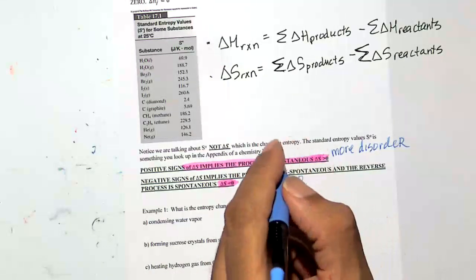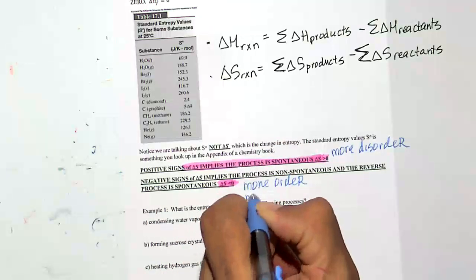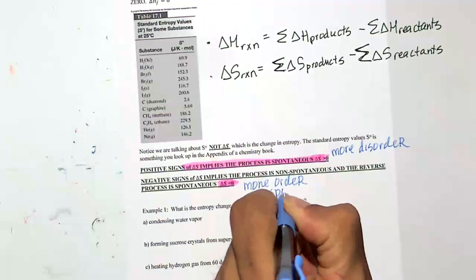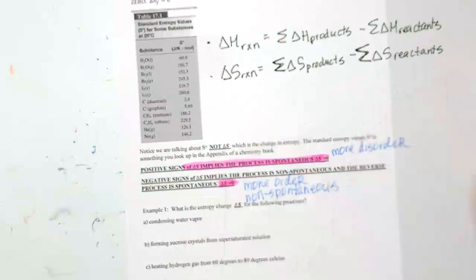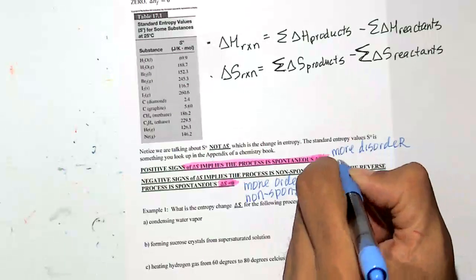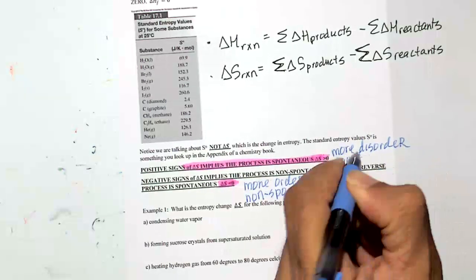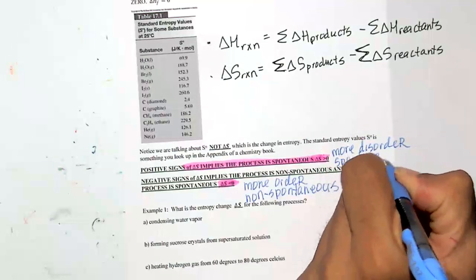Something that is more order is also termed non-spontaneous. And when your delta S is positive and there's more disorder, there's an increase in entropy, this is called spontaneous. Remember the kitchen sink example we talked about before.